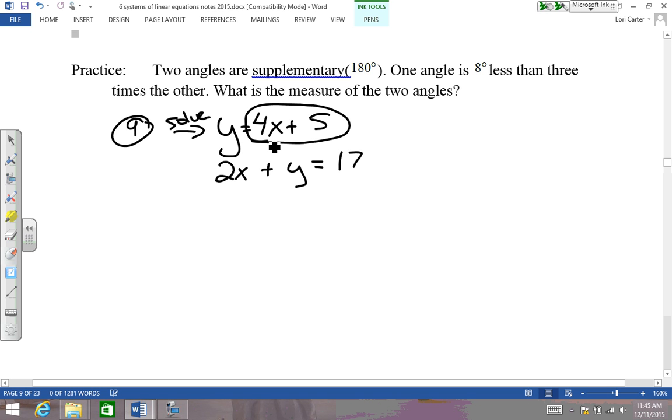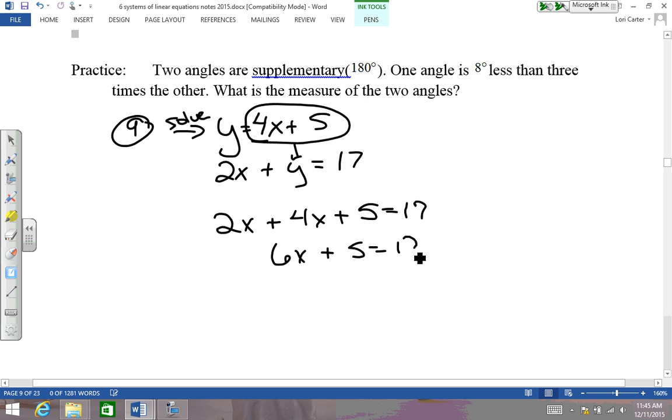Where does that go? In for the y. So what do I write? 2x plus 4x plus 5 equals 17. Then you combine the x's, that would be 6x plus 5. And then you subtract the 5, that would be 12. X equals 2. Boom.